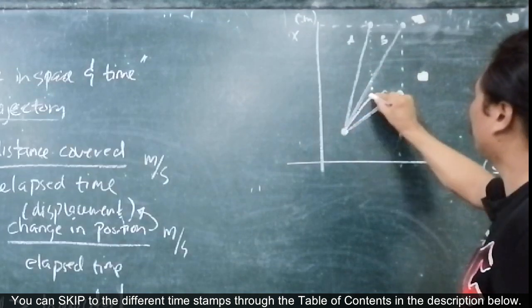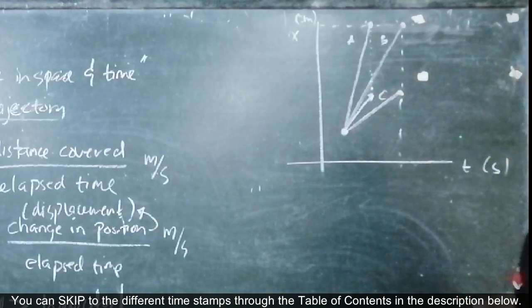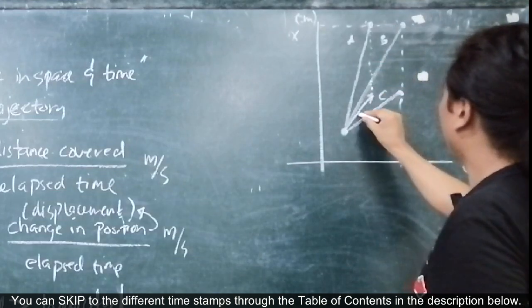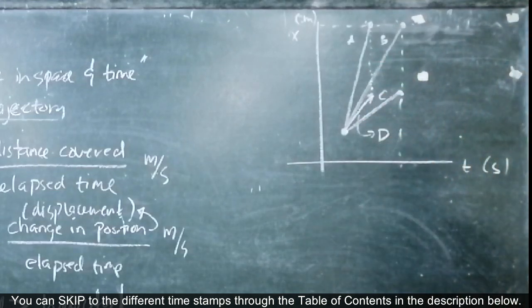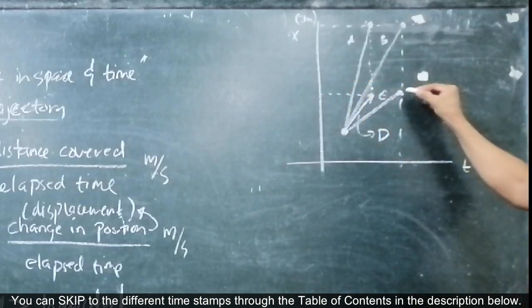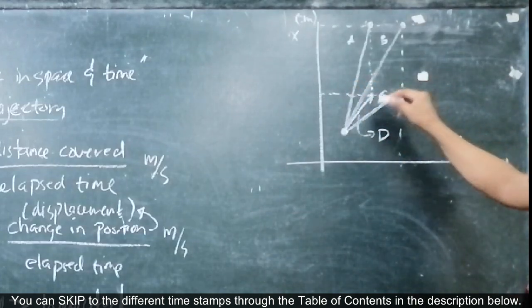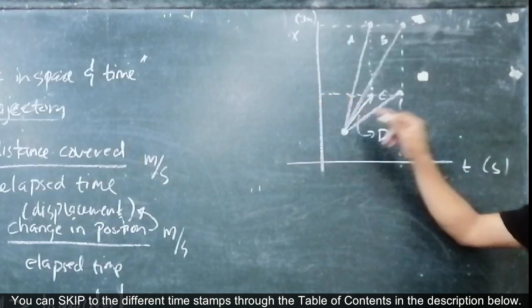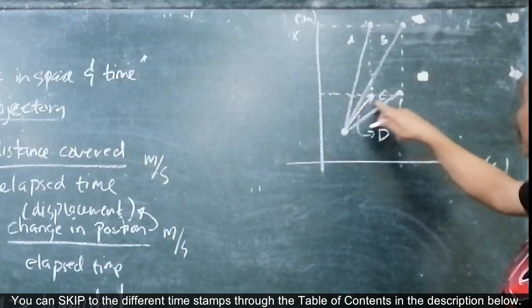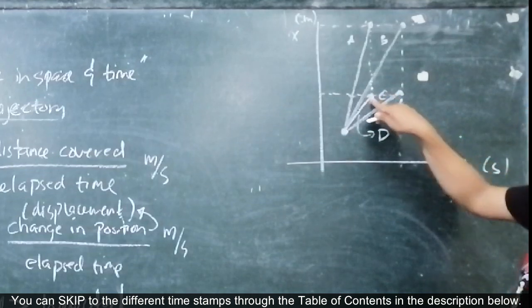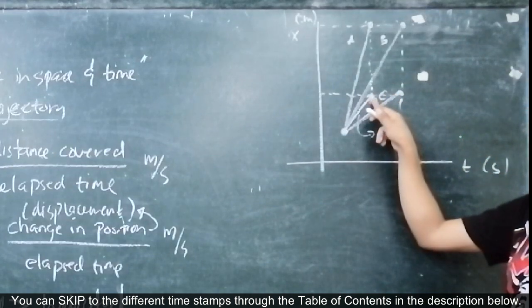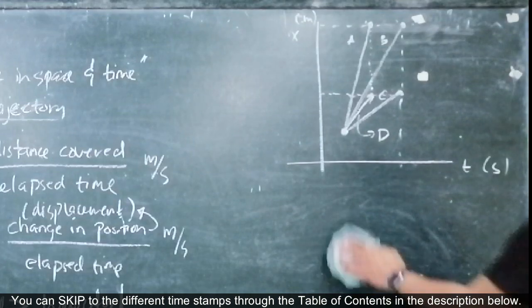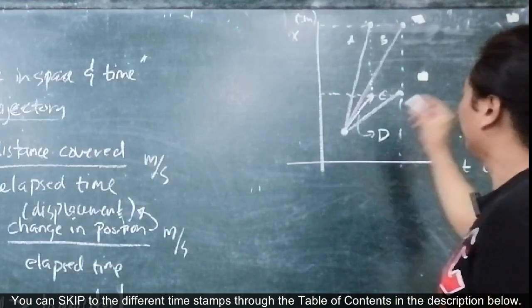Let's call this D. This trajectory is car D. Now car D and car C would end on the same X, right? So that means that car D and car C would end at the same X.